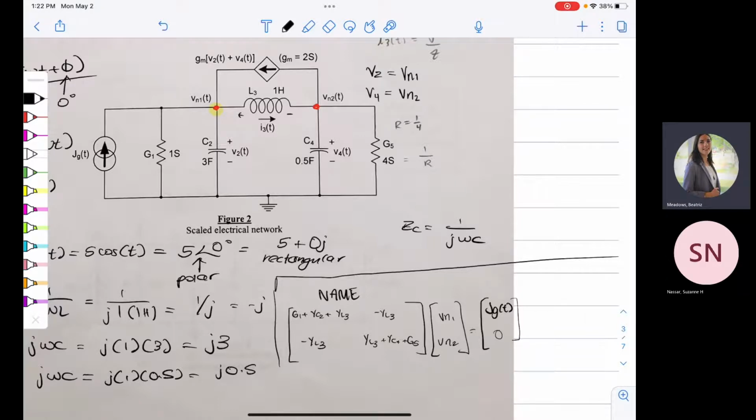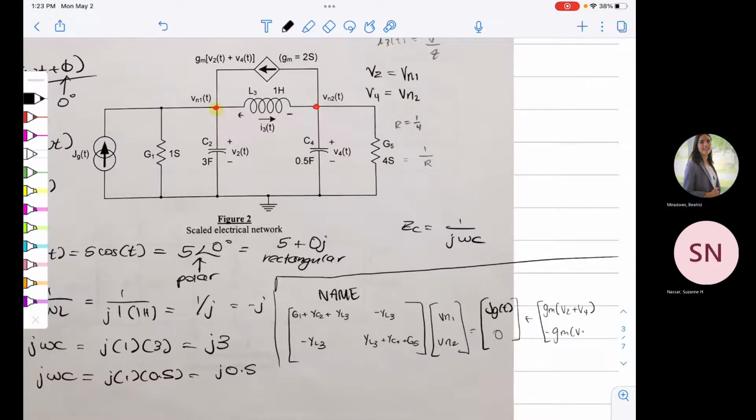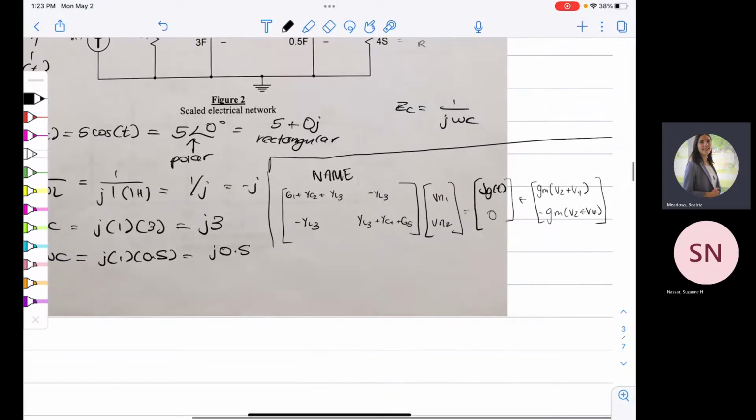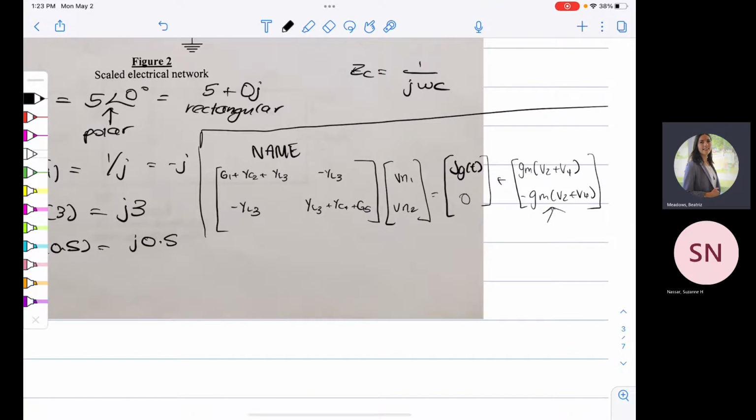Okay, and then what are our dependent sources? Okay. So before we go on, can we put this in terms of what we're finding and translate that over? So what is that going to be?